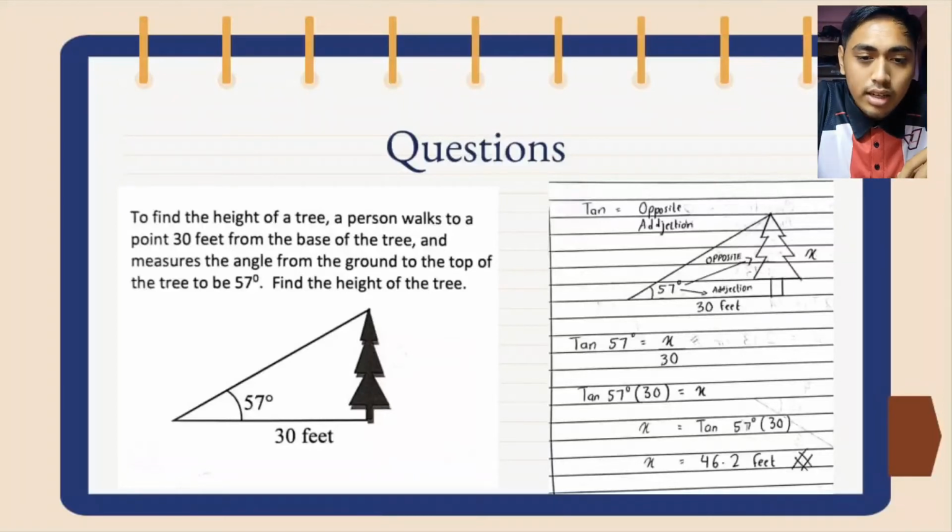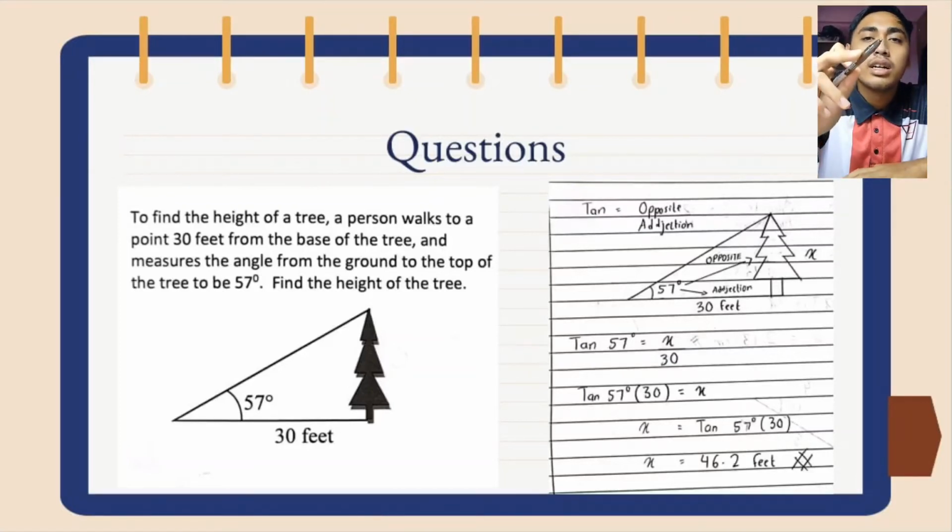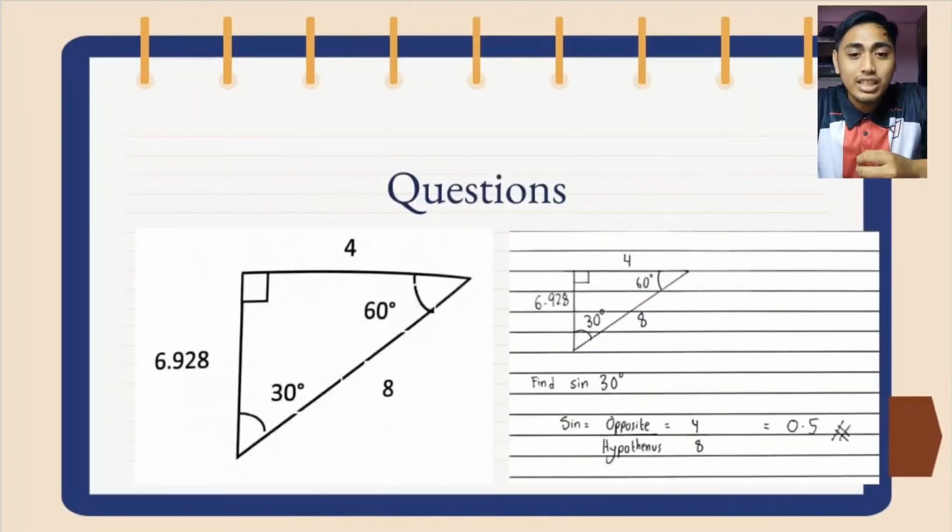Write tan 57 degrees equals x, the height of the tree, divided by 30 feet. Then move the 30 feet to the left side, so tan 57 multiplied by 30 equals x. When you calculate it, you get x equal to 46.2 feet. That's the answer. Let's move to the next question.